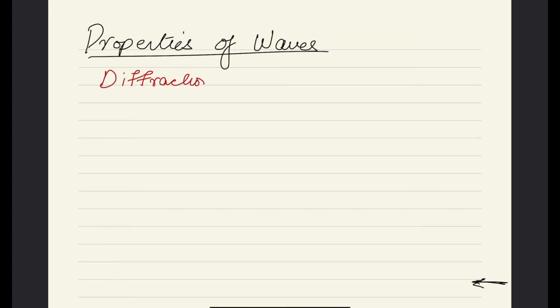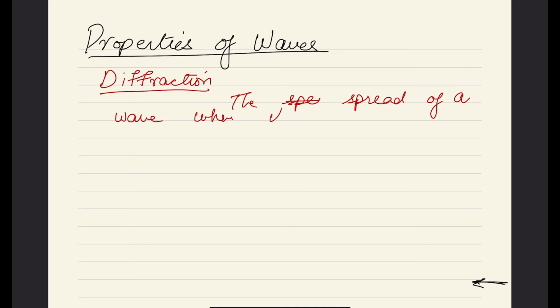Diffraction. So diffraction is basically the spread of a wave when it escapes from a narrow opening.